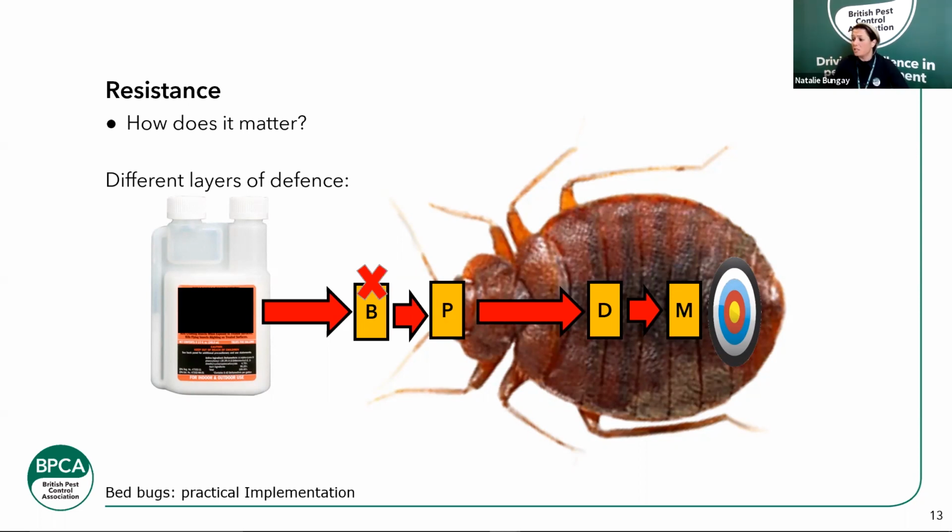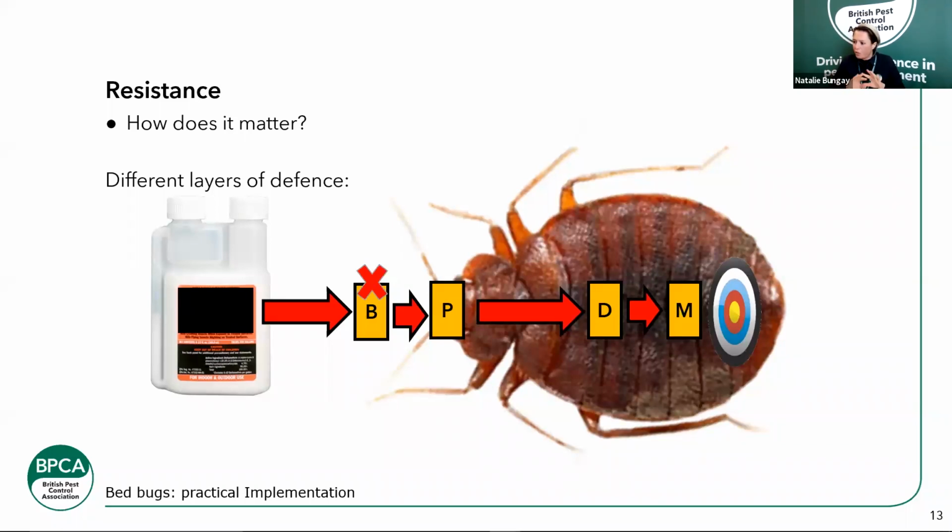And then we've got the P. So the P stands for penetration. Basically, some insects, including some bed bugs, evolve a modified cuticle, so the insecticide won't penetrate through that surface.